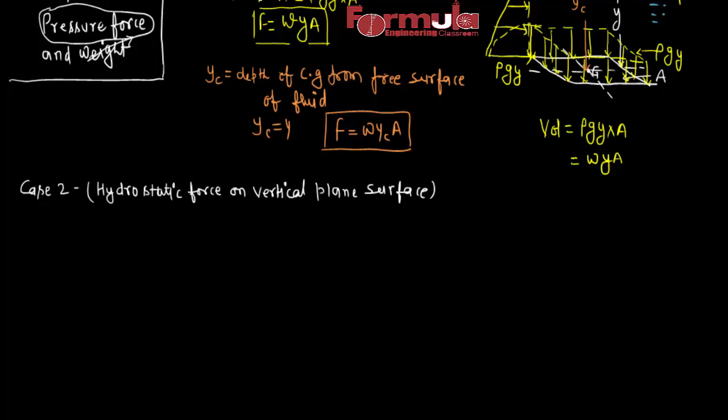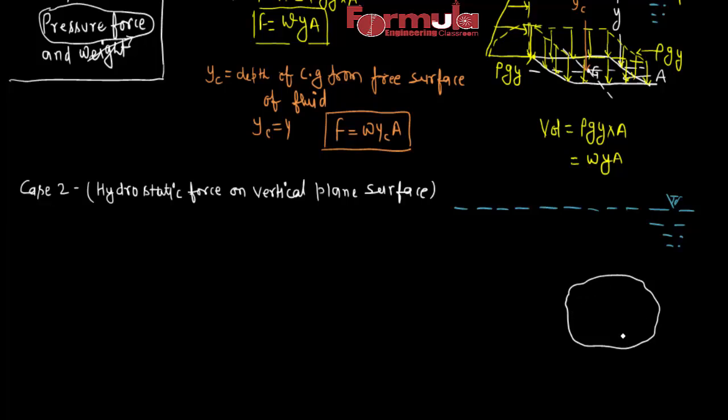So again we are considering this as our free surface of fluid, and in this fluid some vertical plane surface is submerged. I'm taking some random or arbitrary shape. So this is our vertical plane surface.